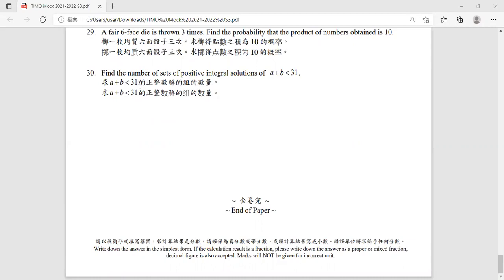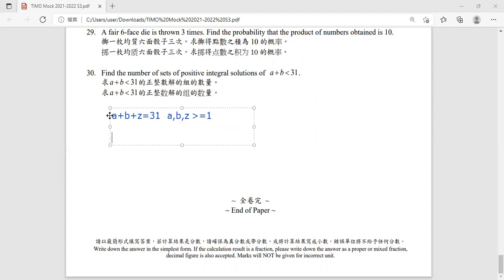For this case, a plus b is more than a number, so you can treat it like this: a plus b plus c equals 31. Because it must be more than 31, a, b, and c will all be greater than or equal to 1.